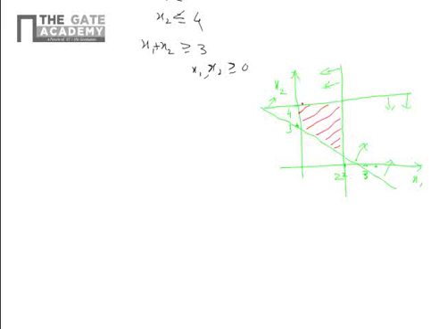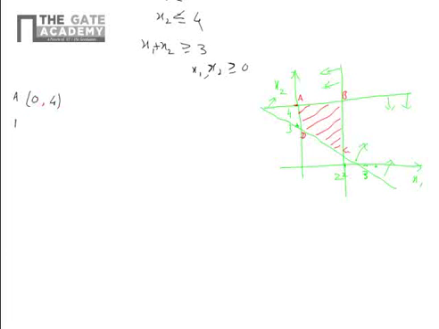So out of these, points A, B, C, D, all these points are called corner points. If you substitute the values of the corner points, for example A is 0 comma 4.